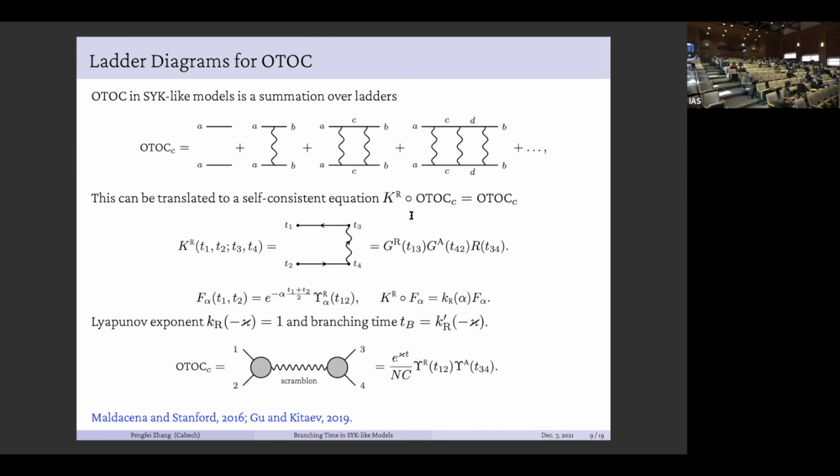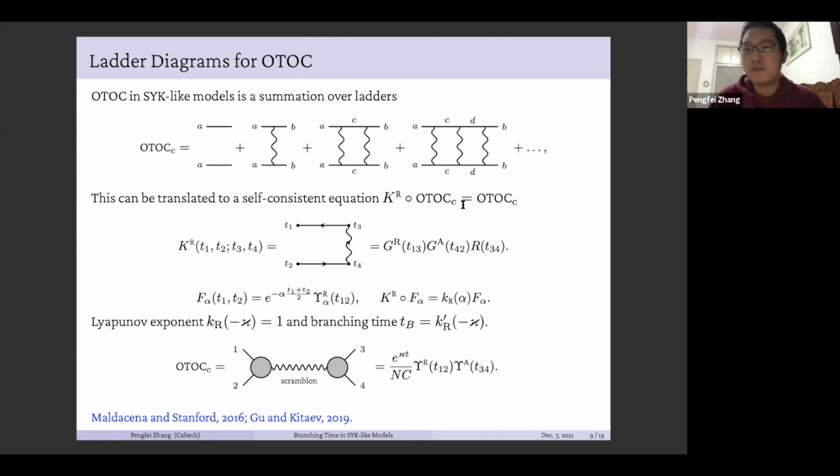Firstly, if we want to solve such a self-consistent equation, we want to ask what the eigenvalues and eigenfunctions of the retarded kernel are. This retarded kernel only depends on the time difference, so there is a time translation symmetry.